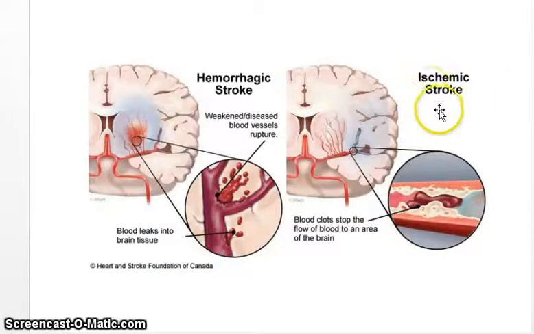Okay, the ischemic stroke or the blockage stroke, that all starts with atherosclerosis or accumulation of plaque. And that plaque is highly thrombogenic, meaning it's very prone to forming a blood clot. And so when that happens, as an interventional procedure, we can go in and try to do thrombolysis, which means to break down or dissolve a blood clot, or we can do thrombectomy, which means to actually remove the blood clot.